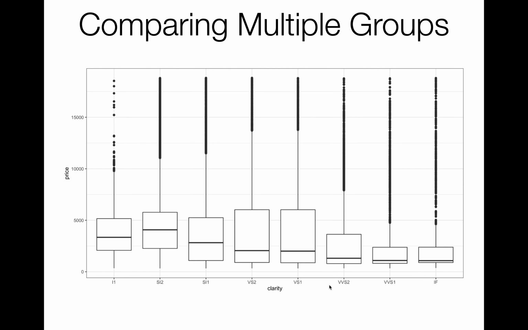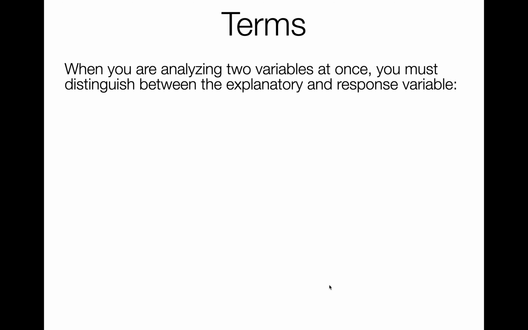This is from the diamonds data set. When we have one categorical and one quantitative variable, there's limited stuff that we can do there. The book does talk about what you can do, but I'm going to skip over that, and move to the first thing, two categorical variables together.